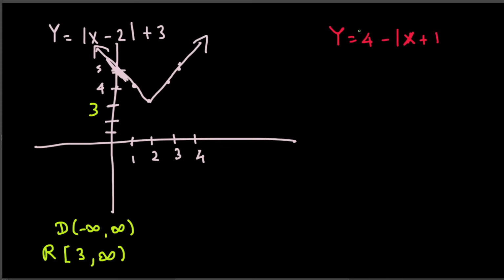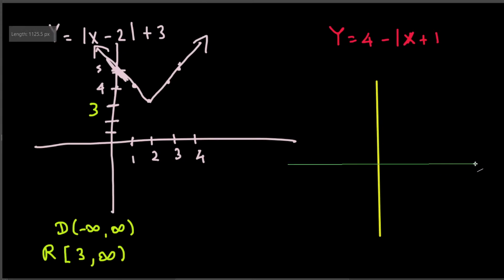So if I go and draw the graph, let me put some values. Here I am interested in the 4, so I'm going to go till 4. So this is 0, 1, 2, 3, 4.